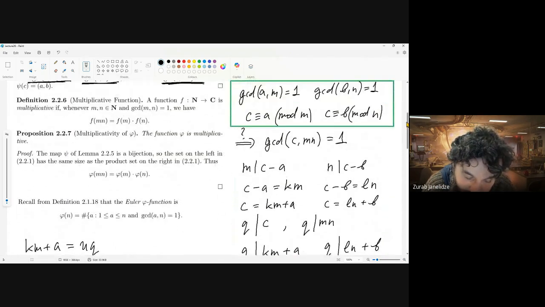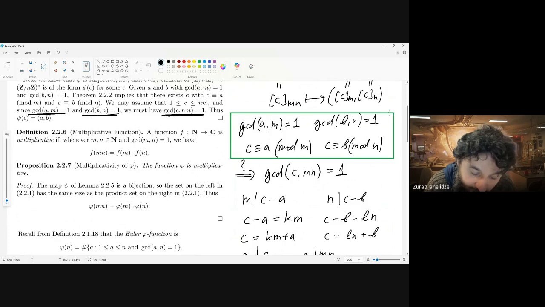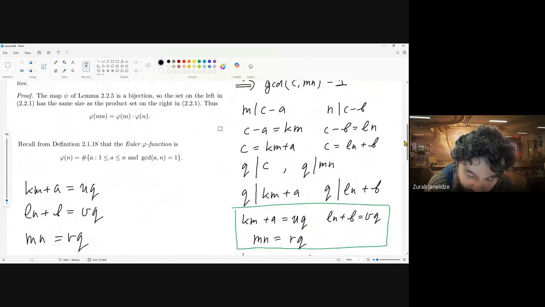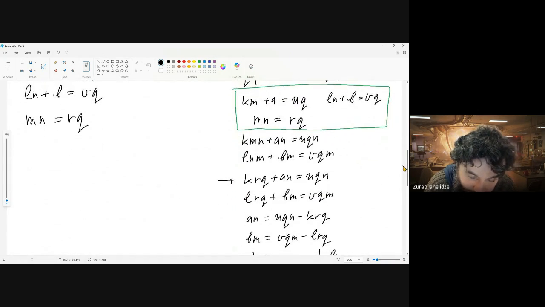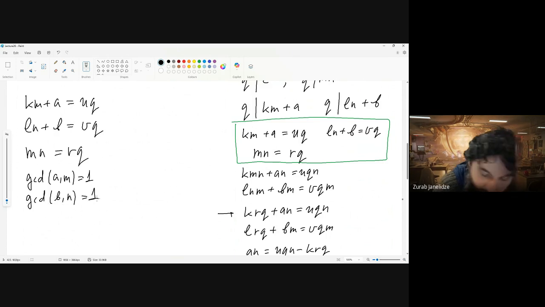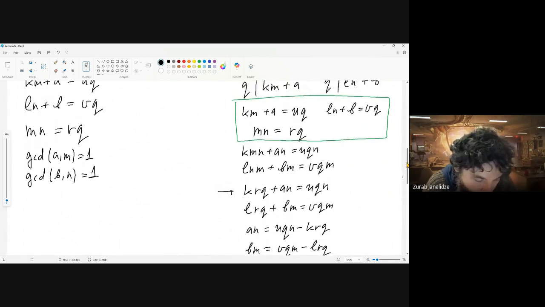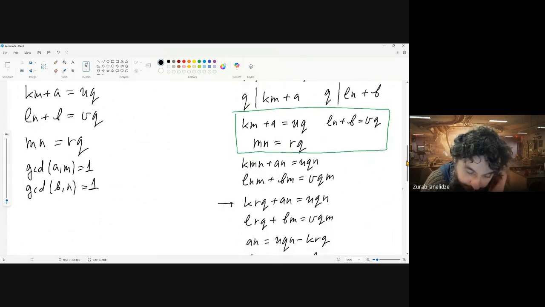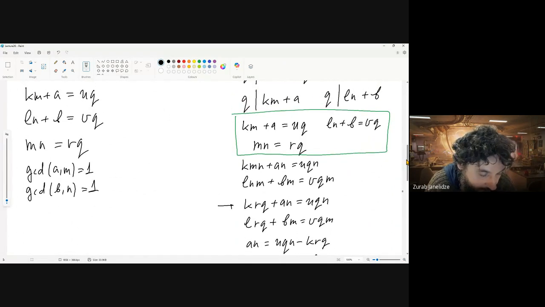But we still haven't yet incorporated that GCD of A and M is 1 and GCD of B and N is 1. So let's copy this down. GCD of A and M is 1, and GCD of B and N is 1, right? Okay.